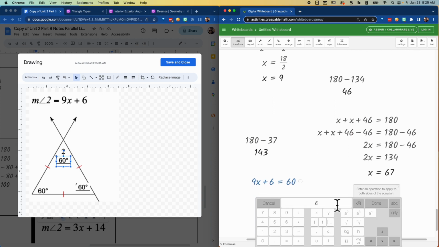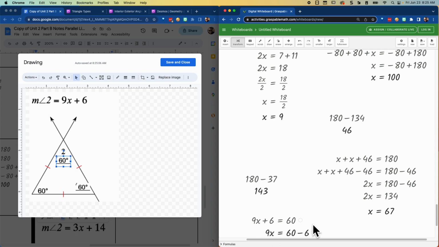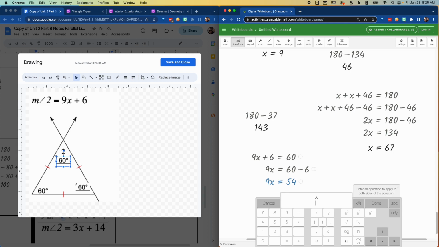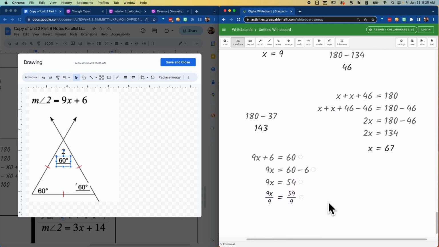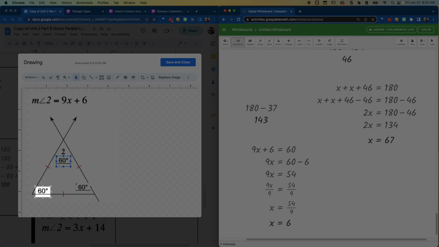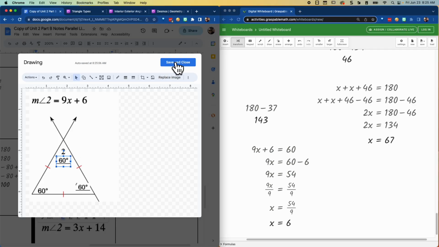And now I could solve this equation. I could subtract 6 from both sides and divide by 9 on both sides, and then that gives me x equals 6. So either solving for x or solving for angle 2. Angle 2 was equal to 60, but if it needed me to solve for x, I also have that.